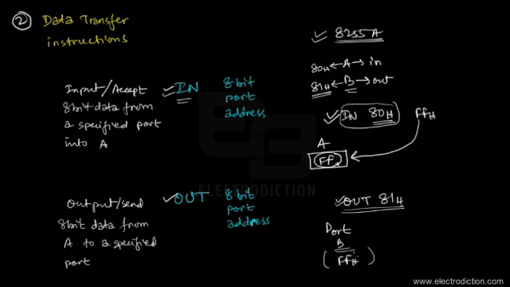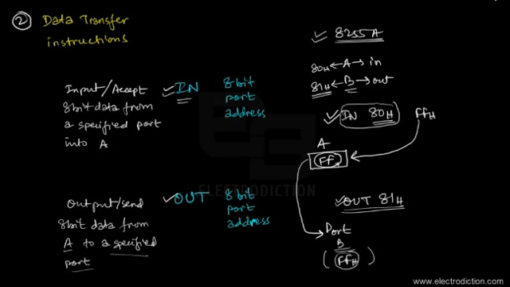This data FFH is sent from the accumulator out through the pins of port B. So that's what the output instruction does. It just sends the 8-bit data from the accumulator to the specified port address. That's the entire operation of the input and the output instructions.